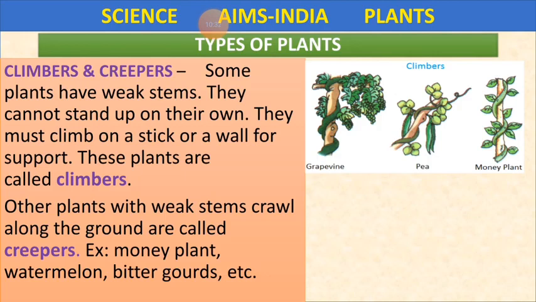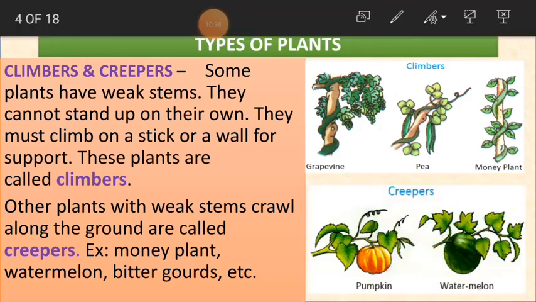These plants are called climbers. See, what are climbers, children? These plants which have weak stems. Weak in the sense they are not strong. They are very light, very sensitive. They cannot stand up on their own.